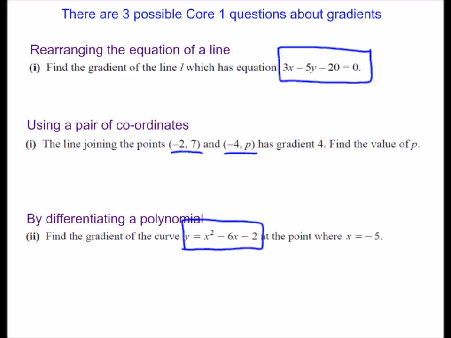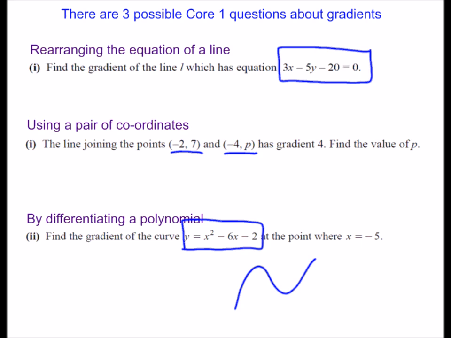A straight line is a specific sort of polynomial, but if it's a straight line, we're going to use our method 1, rearranging it into the form y equals mx plus c. If it's something which isn't a straight line, so a curvy line, we're going to have to use something else called differentiation. You'll meet that later, don't panic about it, but just remember, if it says gradient, there are 3 things that you need to check.